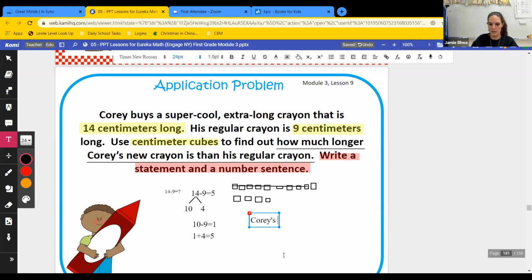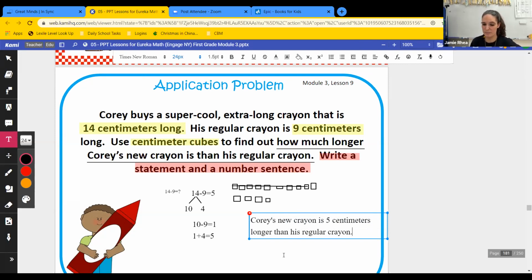Corey's new crown is 5 centimeters longer than his regular crown. So did we solve this problem? Did we do everything it asked us to do?